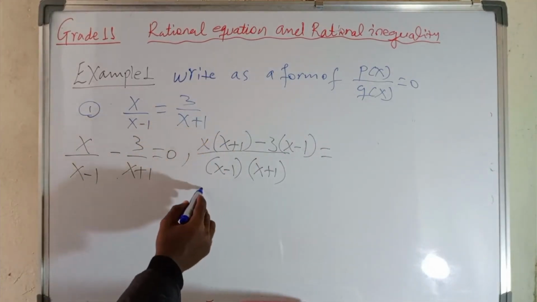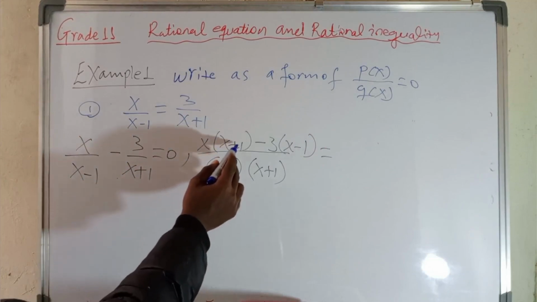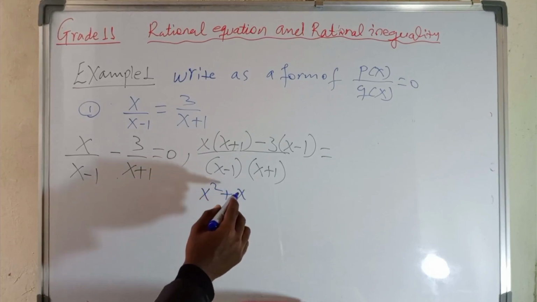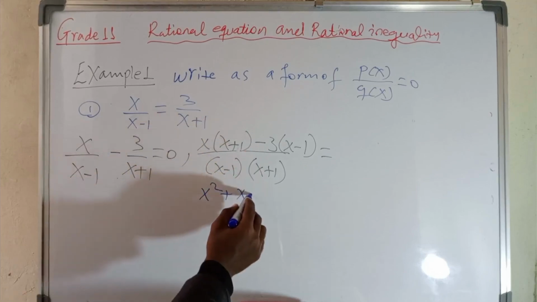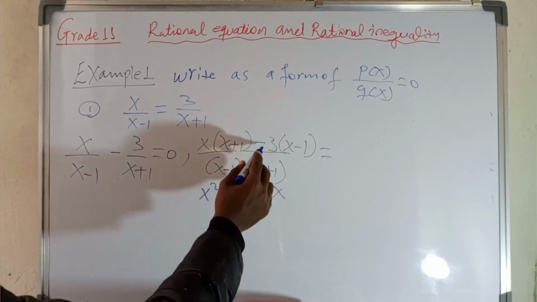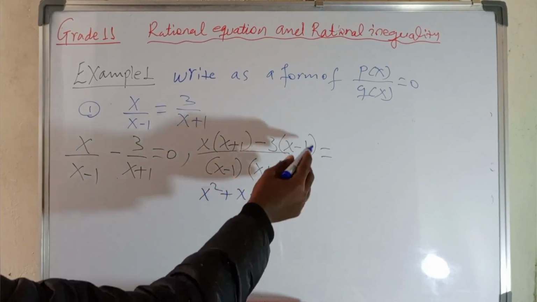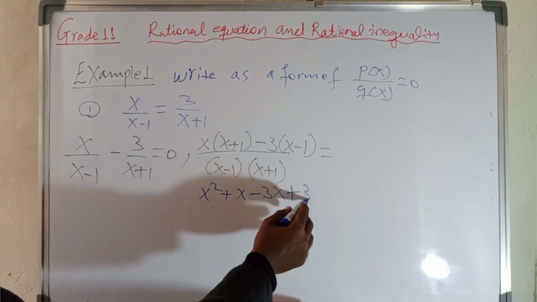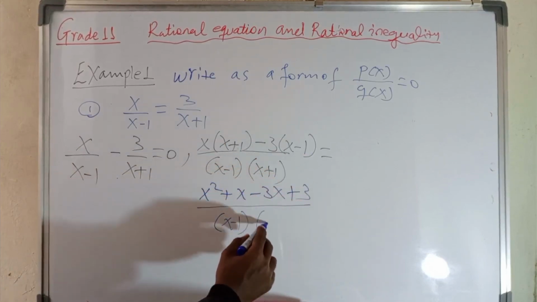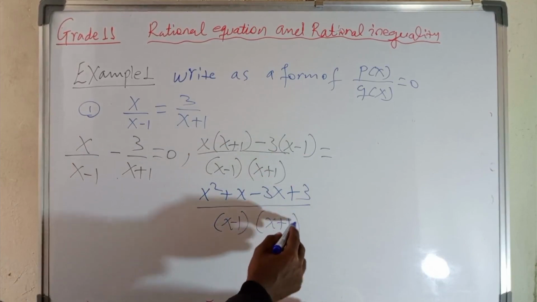X times x square... x times 1 plus x, minus 3 times x, 3x minus 3 times minus 1 plus 3, divided by x minus 1 times x plus 1.